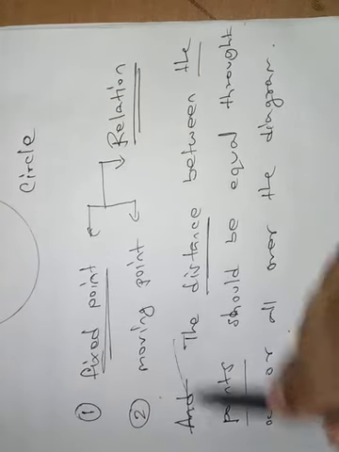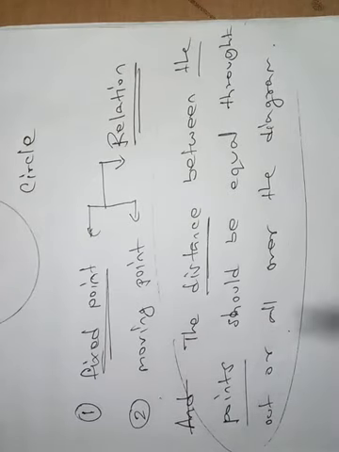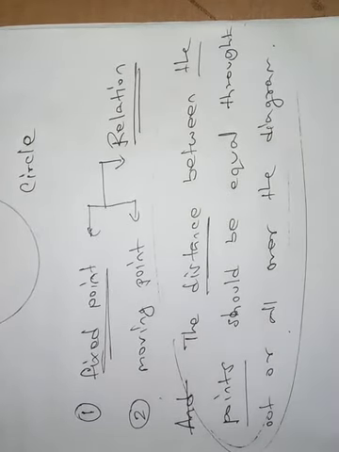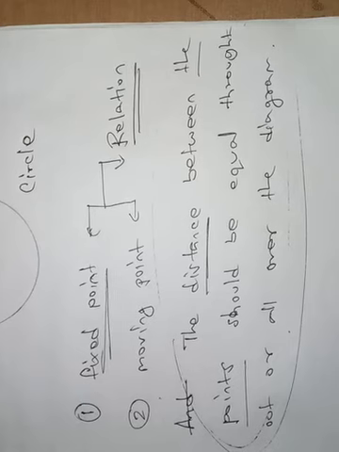You can't ignore the relation. If you ignore the relation, it won't be a circle. So what is the fixed point and what is the moving point in our diagram? Let's explore this.